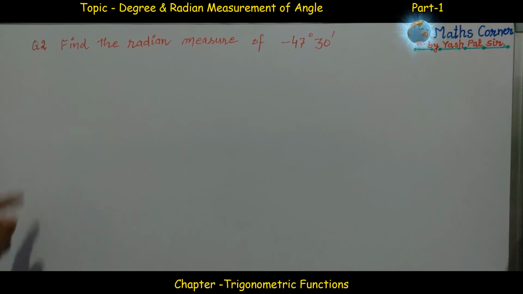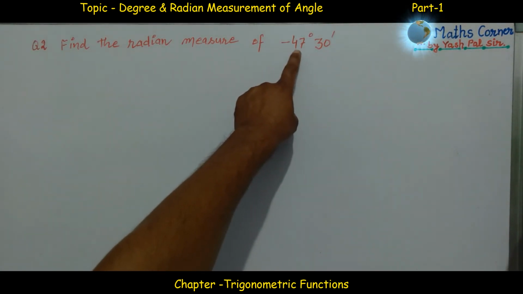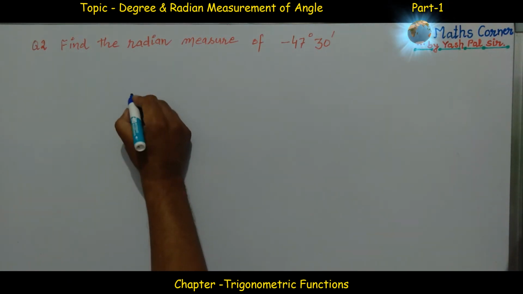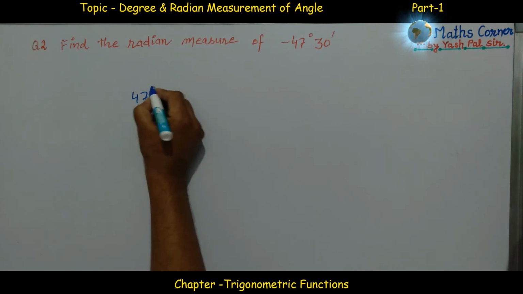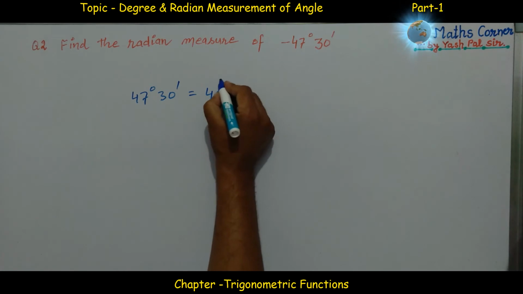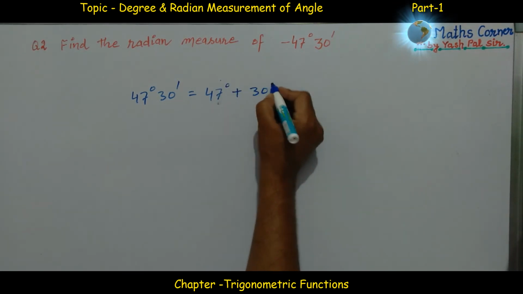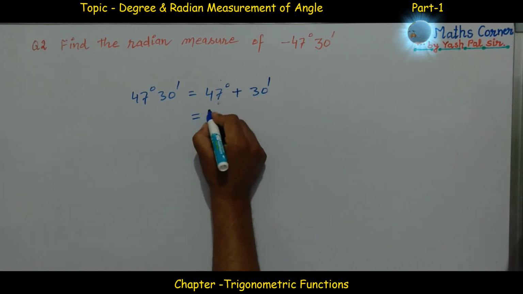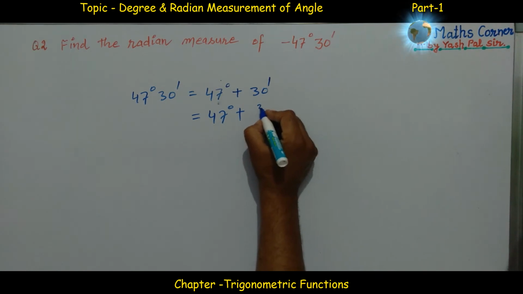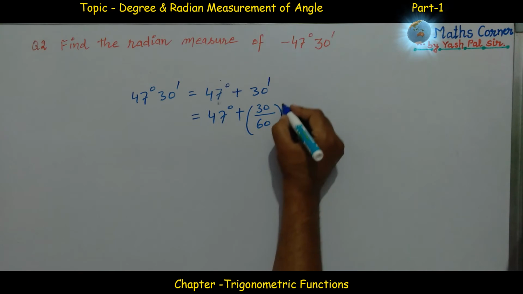Now question number 2. Find the radian measure of minus 47 degrees 30 minutes. So here first of all, 47 degrees 30 minutes means 47 degrees plus 30 minutes. This is equal to 47 degrees plus 30 divided by 60 degrees.